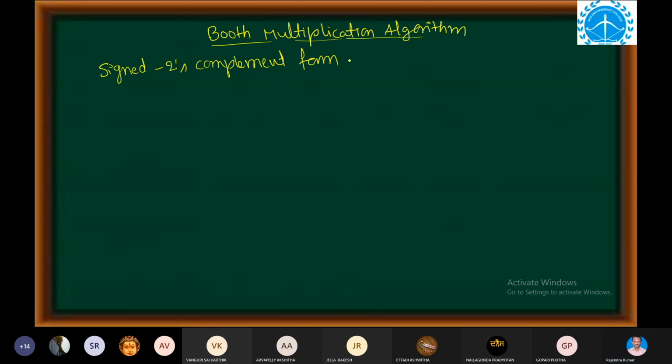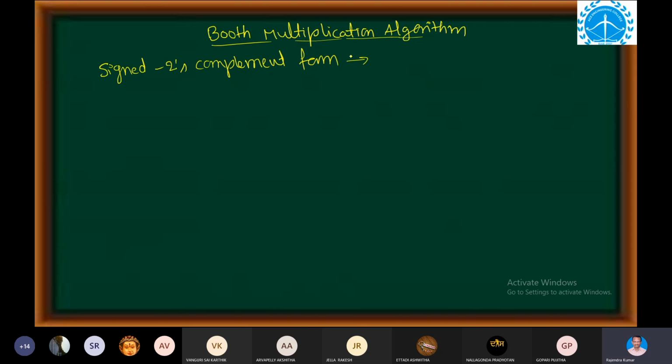So both multiplicand and multiplier are in signed 2's complement form. In the previous algorithm, the binary numbers are in signed magnitude form.